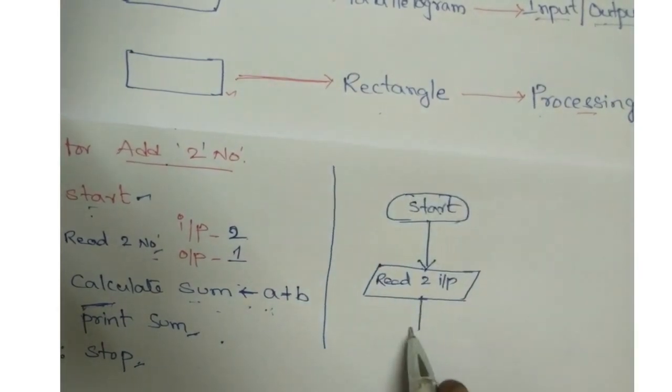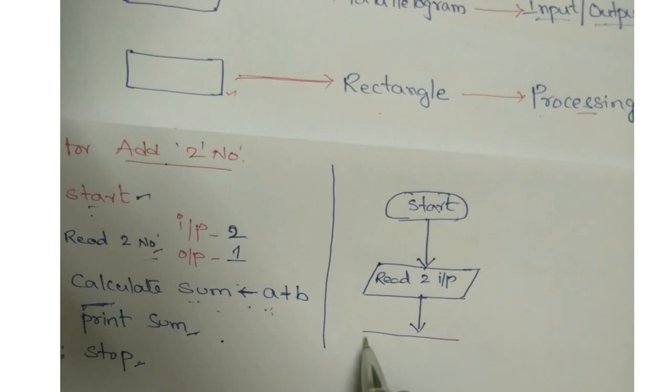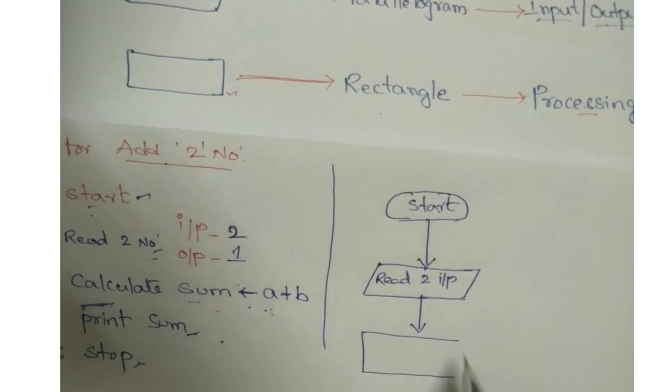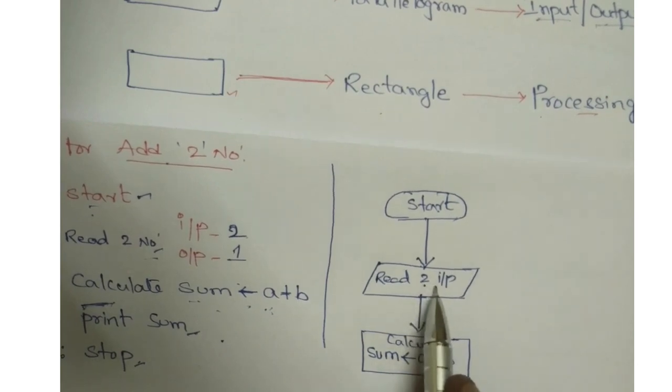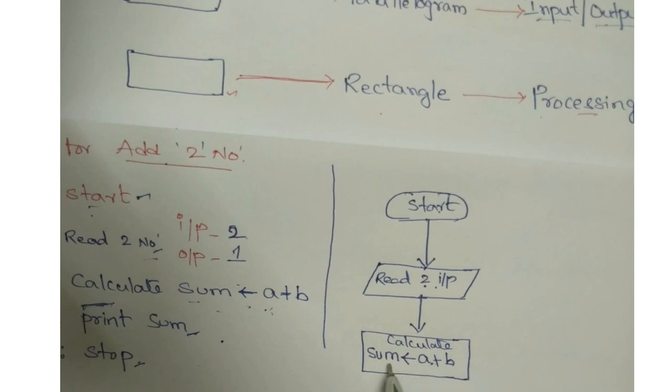Now I am using the rectangle symbol. For which purpose? I am calculating the summation, that is, sum is A plus B. Simply I can say sum equals A plus B. Here you read the values of A and B, and that value is added and stored into the sum.